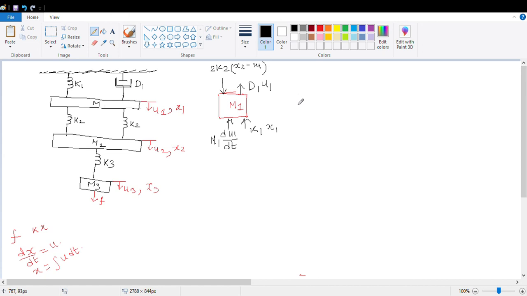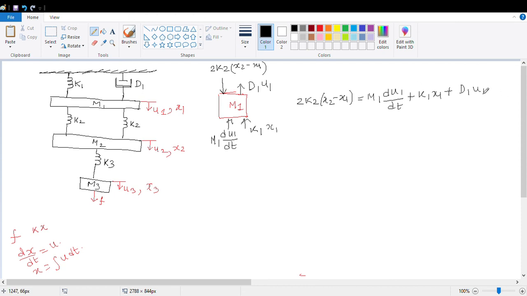So we can write the equation as 2k2 times x2 minus x1 will be equal to m1 du1/dt plus k1 x1 plus d1 u1.